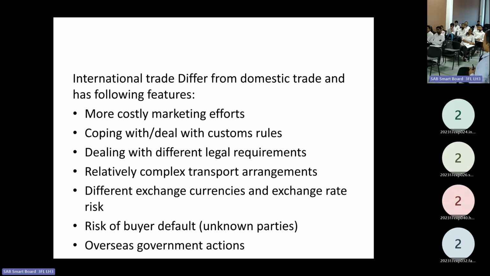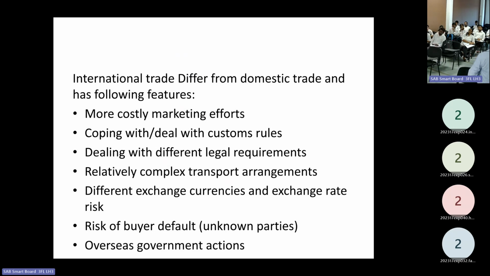And sometimes the exporter and the importer, for the transaction to take place, trust is also very important. Accordingly, the payment method is also different.